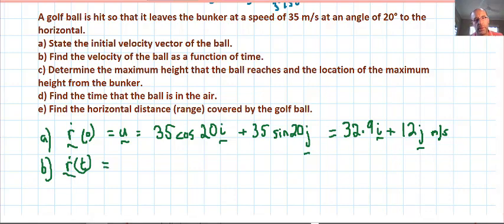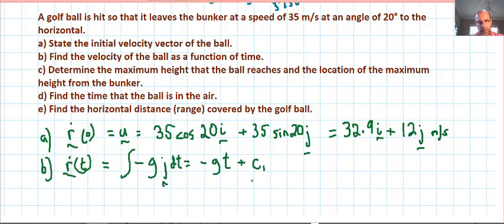Whether we use a formula or go from first principles, and that's what I'll be doing, we still get the same answer. So there we go, and we get negative gt plus c1, the constant of integration.